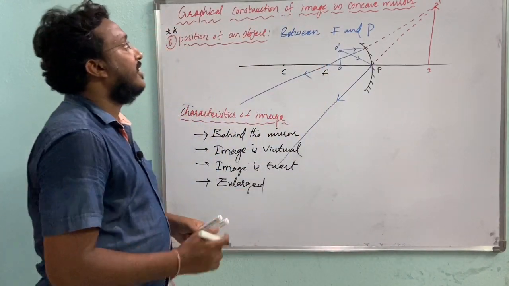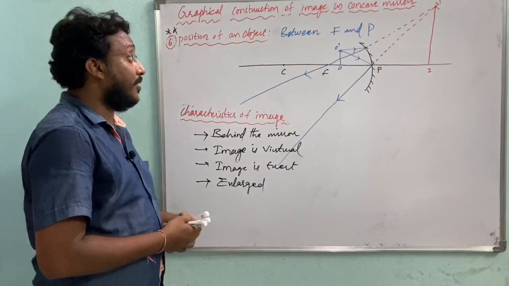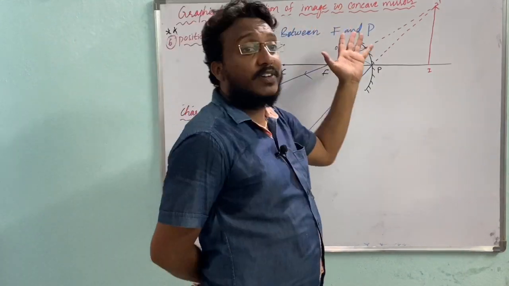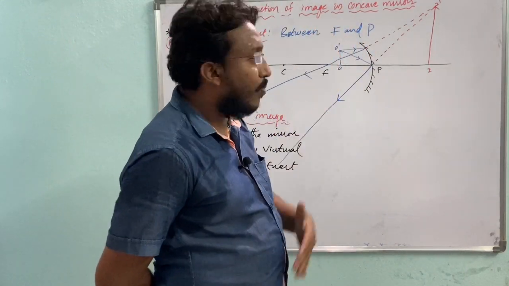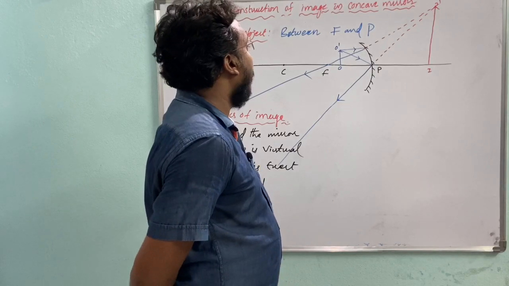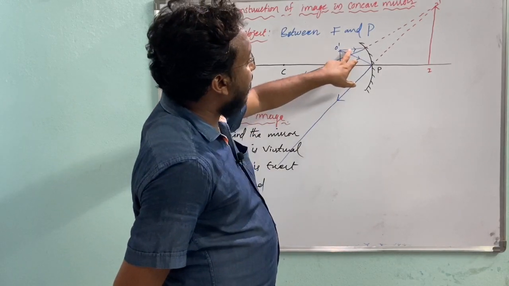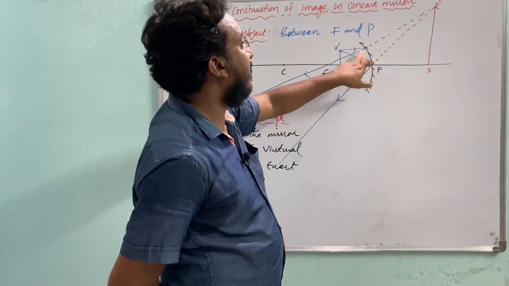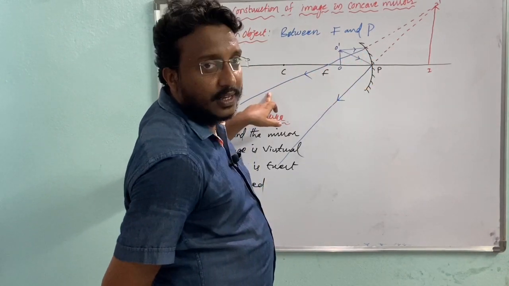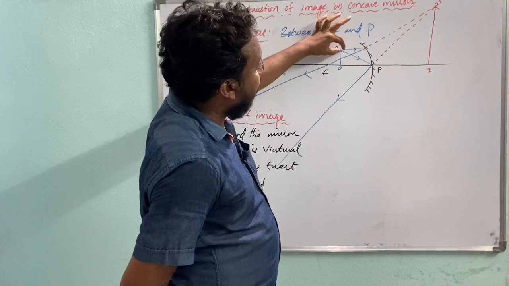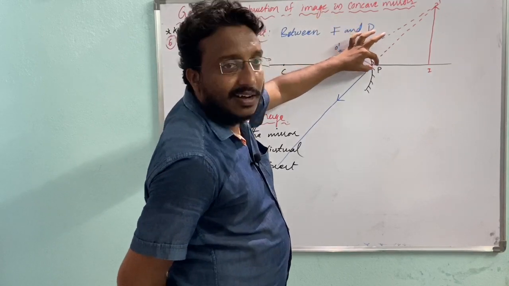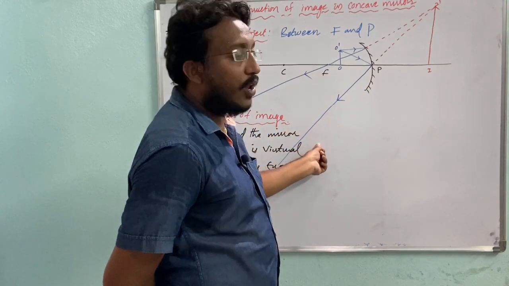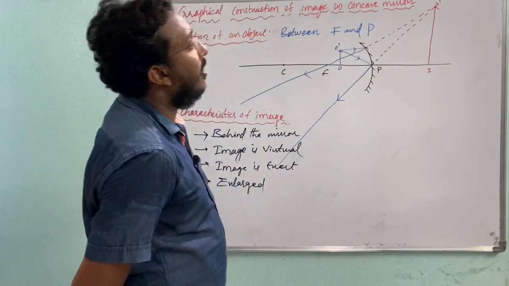This is very important, so once again I will explain. When the object is between focus and pole, I take the first ray parallel to the principal axis. After reflection it passes through the focus. The second ray falls on the pole and is reflected following the laws of reflection.